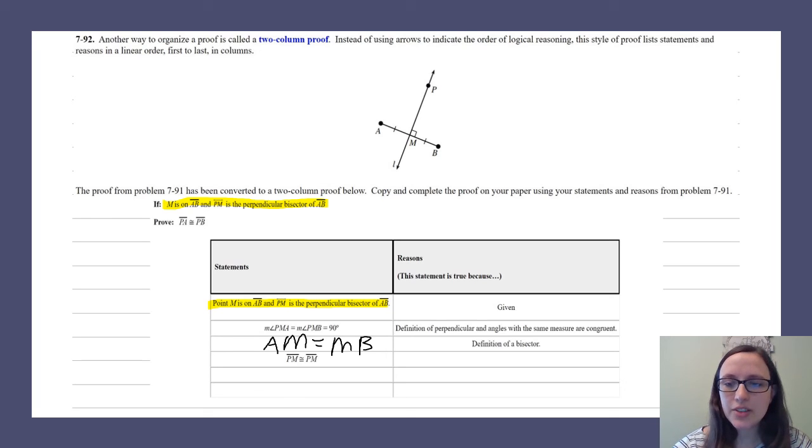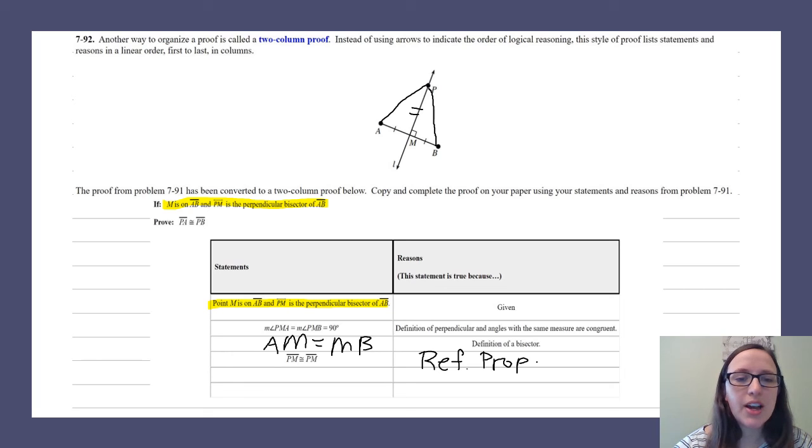The reason for that is always the reflexive property. They have the angles, they have the two sides. So they have side angle side, just in a different order.